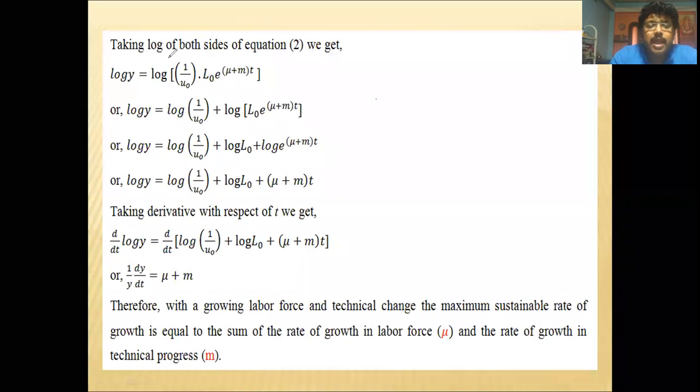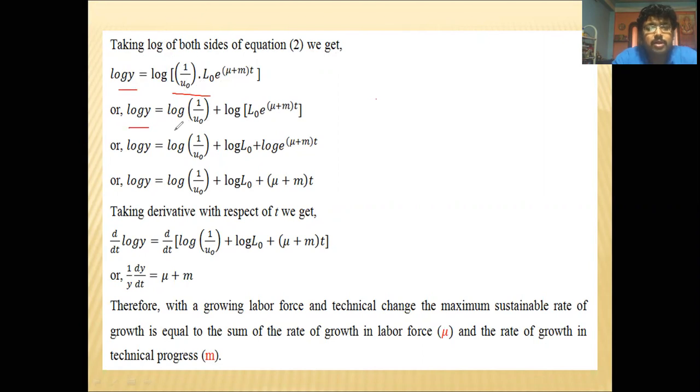now we take the log of both sides of equation 2. From that equation we find out the growth rate on income. So taking log in the same way, log of the left hand side, log of the right hand side.